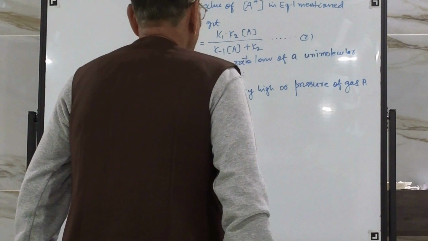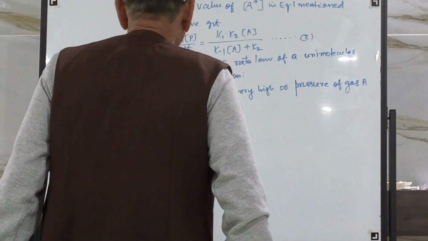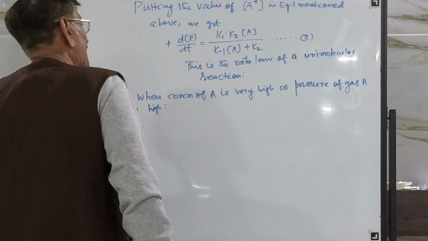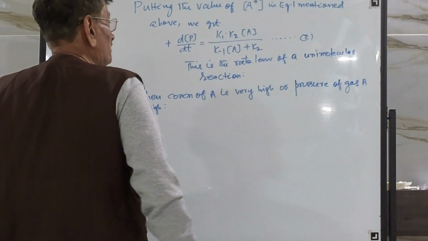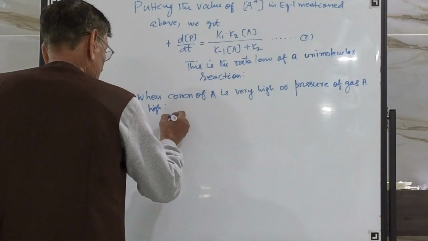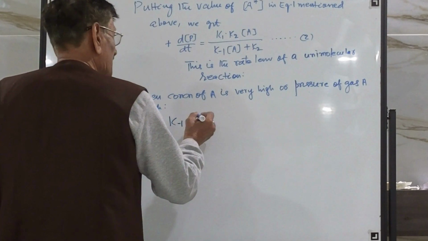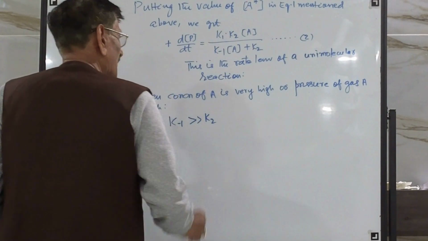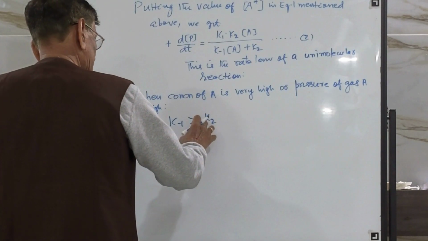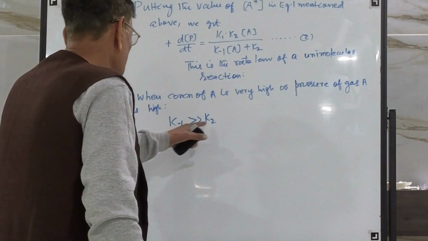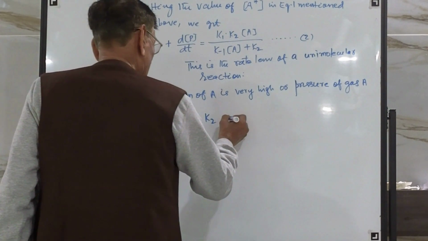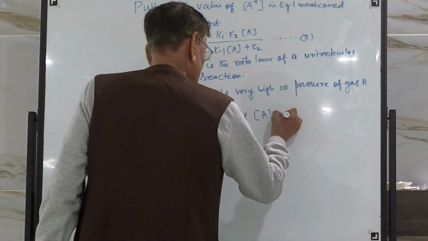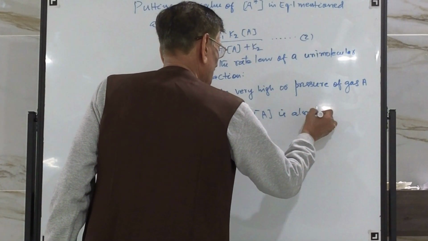The deactivation rate constant is K minus 1, so the rate of deactivation will be far more than the rate of decomposition of the reactant into product. And the concentration of A is also large.